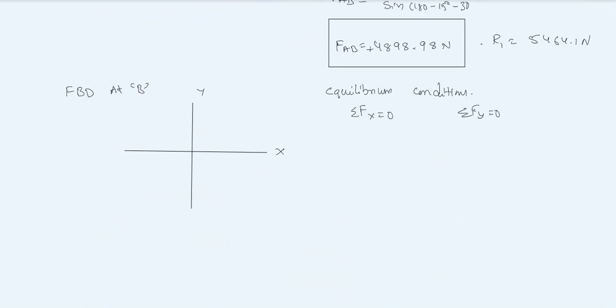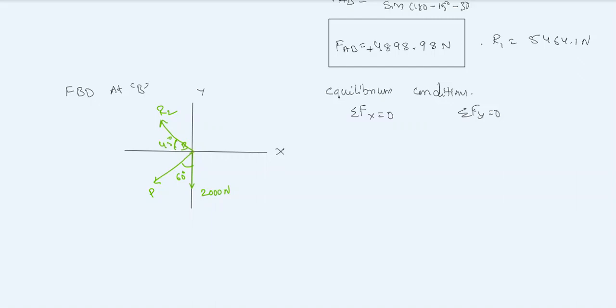As I said earlier, the force always acts vertically downwards, that is 2000 Newton. The center is B. Similarly, P acts in this quadrant at an angle of 60 degrees to the vertical. R2 acts 45 degrees to the horizontal.